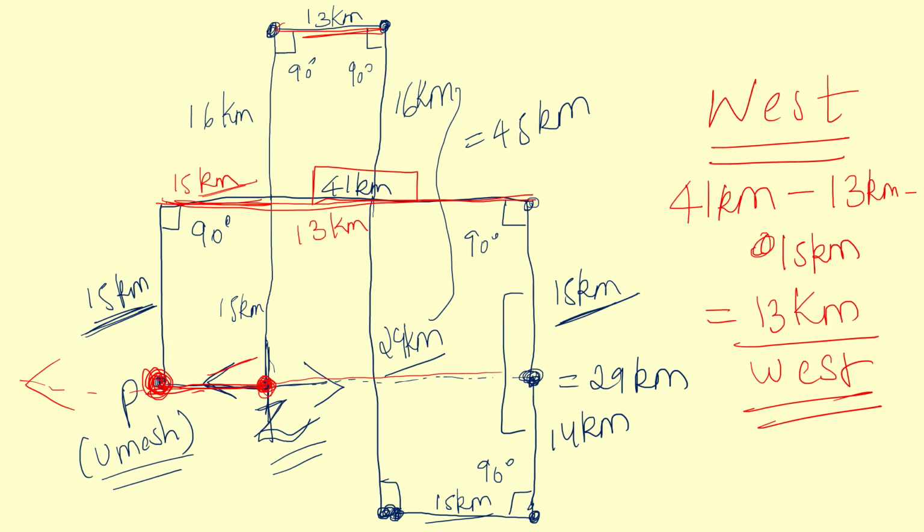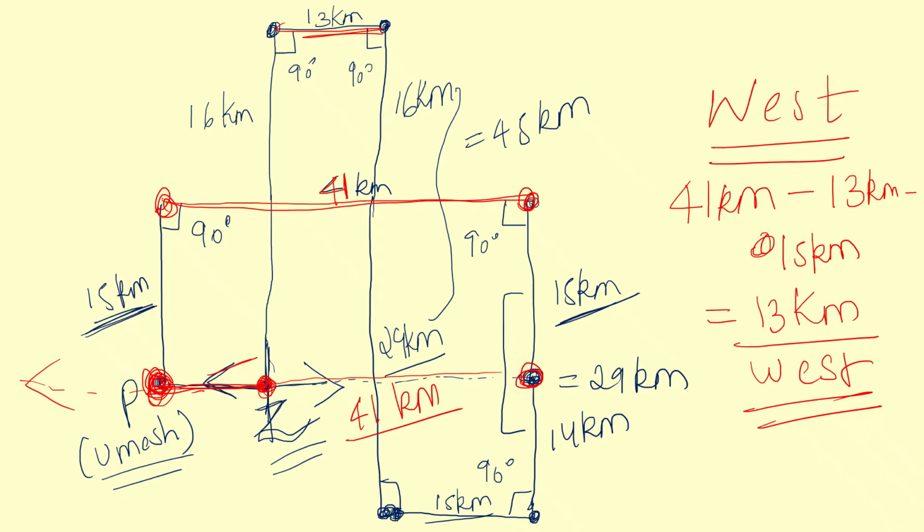13 kilometer in the west direction. Understood? So this whole is 41 kilometer, correct? If you have not understood, again I am telling you, from Z to P we need to find out the distance. So if this is 41 kilometer, from here to here is 41 kilometers. So from here to here also it will be 41 kilometer, correct?